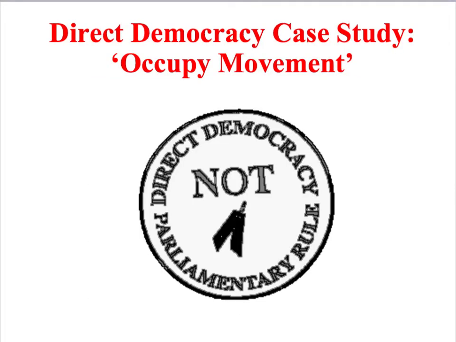And sociologists such as Manuel Castells have argued that the Occupy movement emerged partly as a response to the crisis of legitimation in representative democracy within countries such as the UK and the US.